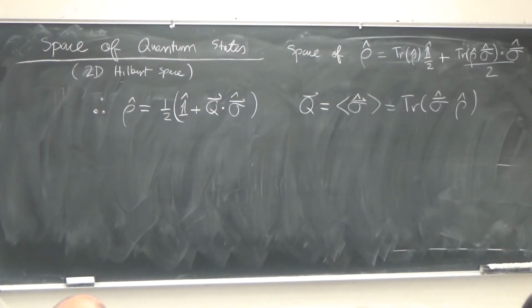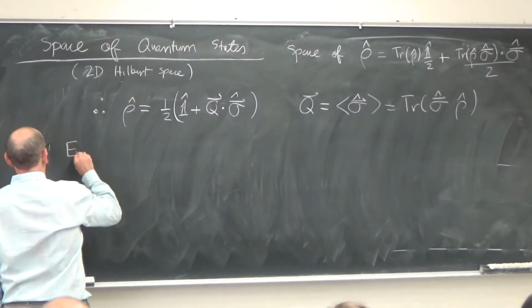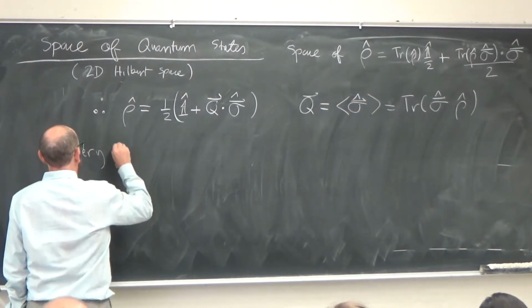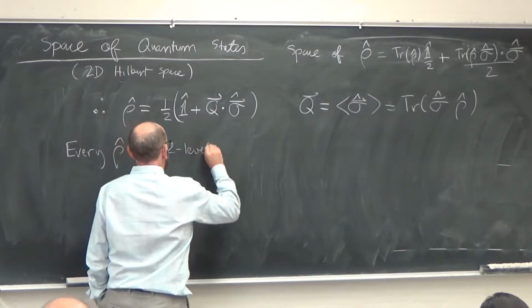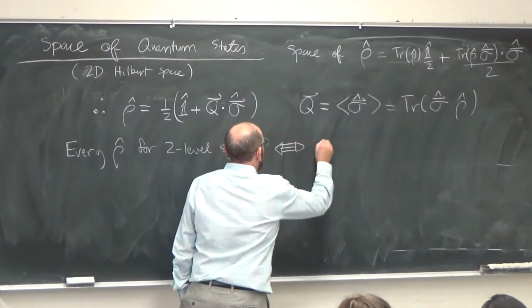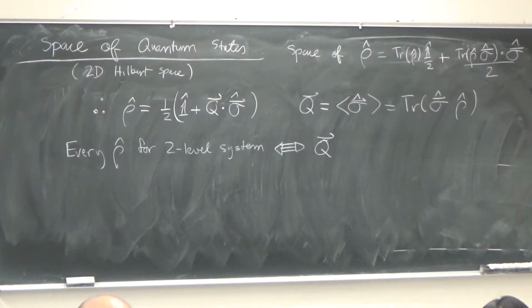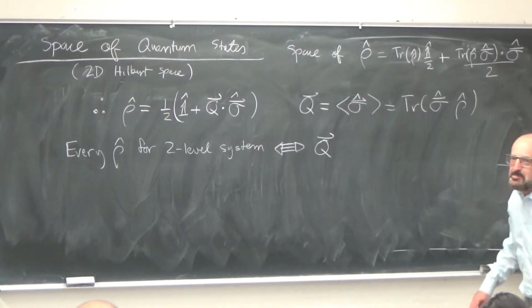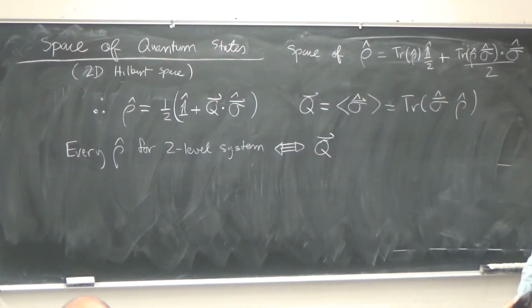So, this is to say that every quantum state is in one-to-one correspondence with a vector in 3D space. It's an amazing but confusing to some, takes a little while to get it, geometric fact.